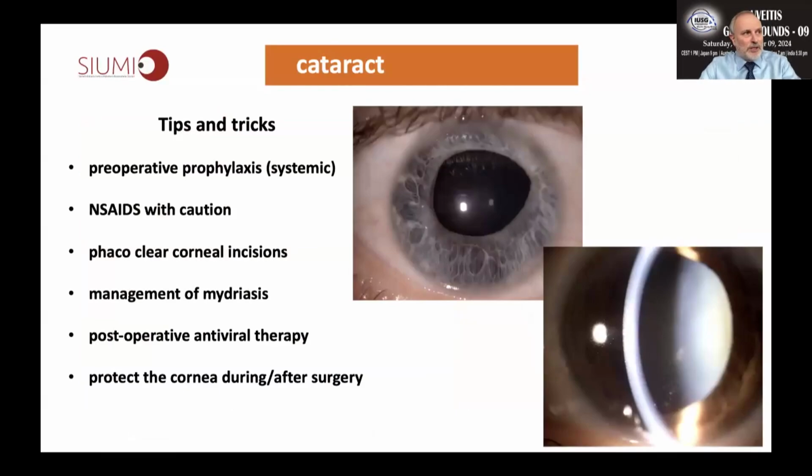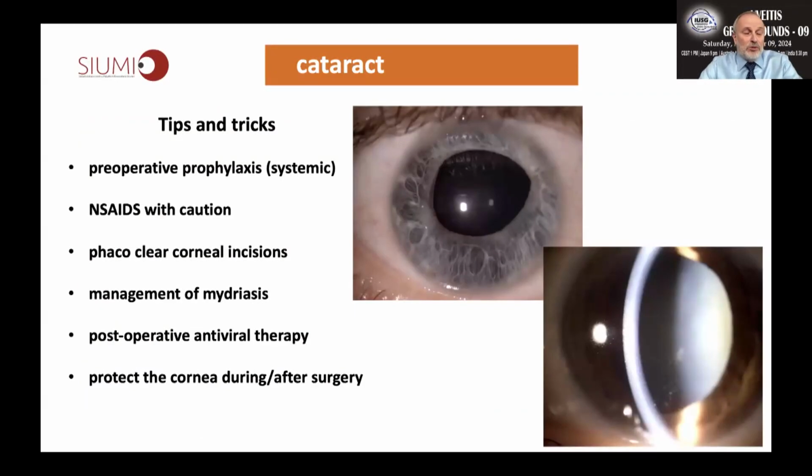So going back to the tips for management of herpetic anterior uveitis, and it was one of the questions that I've already replied to, you should use a preoperative systemic prophylaxis in order to reduce the occurrence of relapses of uveitis after the surgery, because if the patients do not already have glaucoma or ocular hypertension, they may develop it in the follow-up.